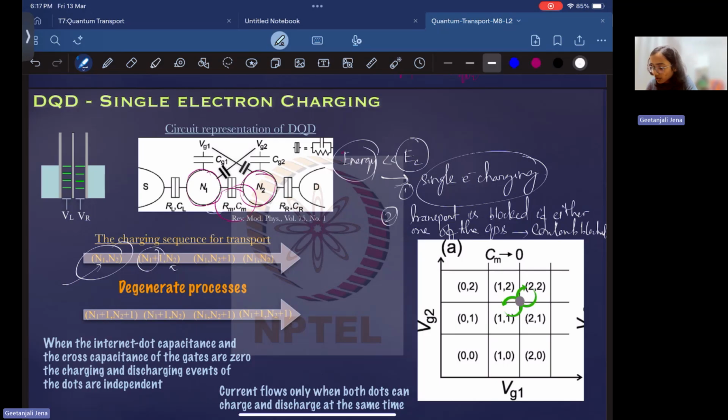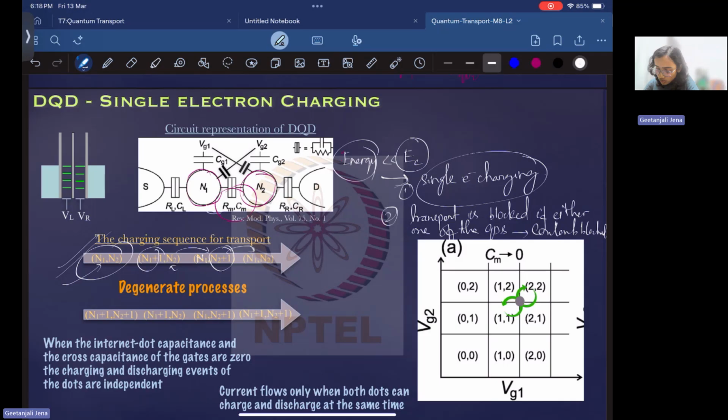Now from quantum dot 1, this extra electron can tunnel to quantum dot 2. We'll see the condition under which it can tunnel. So now N1 plus 1 becomes N1, and the electron number in quantum dot 2 increases by 1. And this extra electron now tunnels to the drain side, so that we can see the overall current in the circuit. This is one of the charge transport cases.